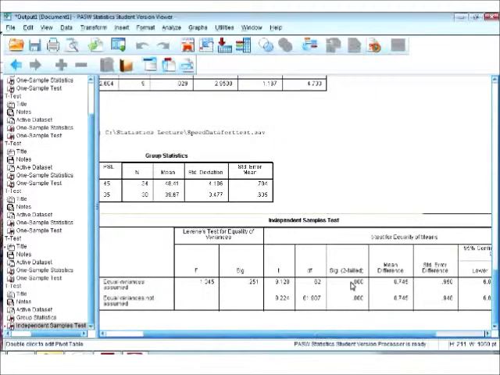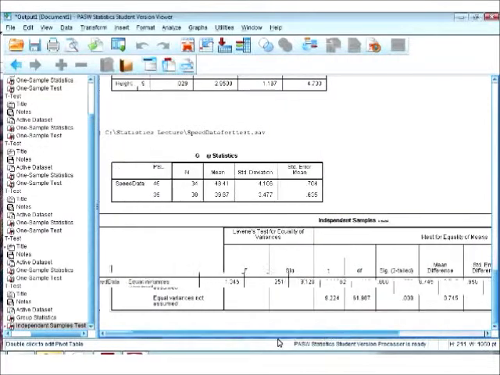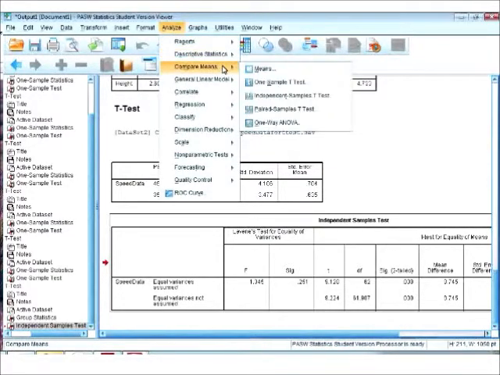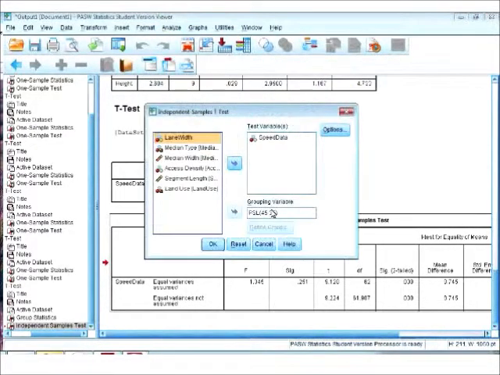Our significance value over here, which is 0, is less than 0.05. Therefore, we reject the null hypothesis that these two mean speeds are equal. They are not equal. Let's conduct one more test and see what results we get.